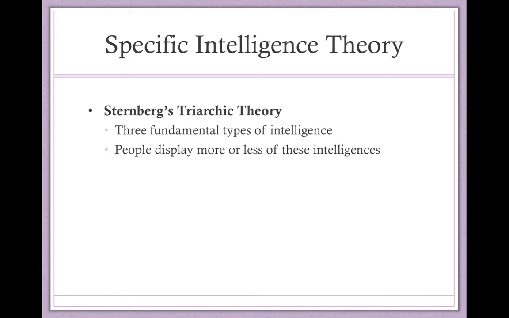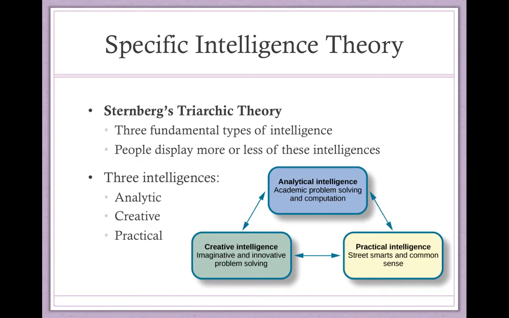And again, they're independent of each other. The 3 intelligences he proposed are analytic, creative, and practical. So analytic is academic problem solving, creative is imaginative and innovative problem solving, and practical is street smarts and common sense.